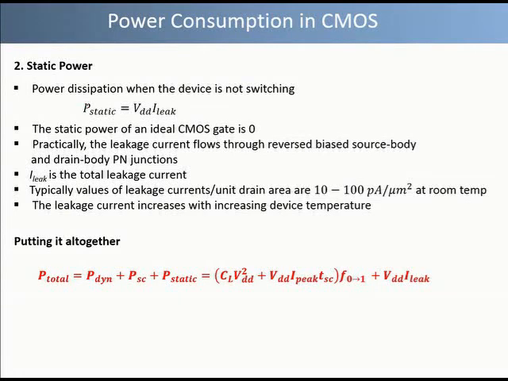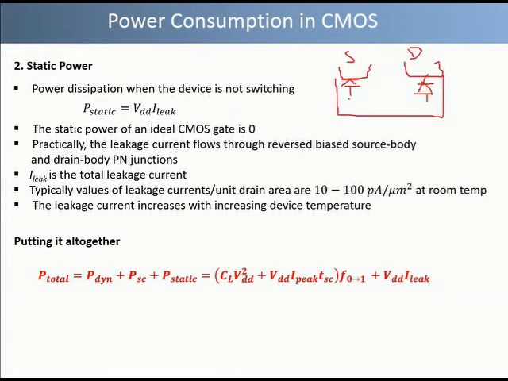The third component is the static power, and it is the power consumed by a CMOS device when it is in static condition, that is when it is not switching at all. The static power is equal to VDD times the current under static condition. And during our discussion of the CMOS inverter, we saw that under ideal static conditions the inverter has a static zero power.